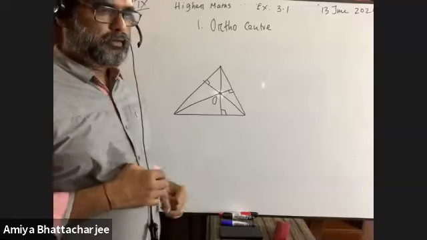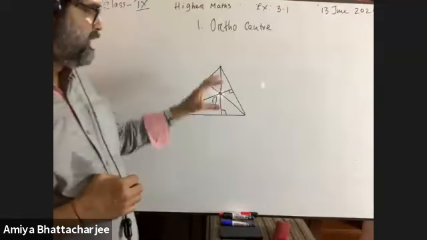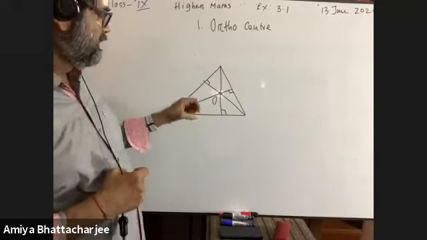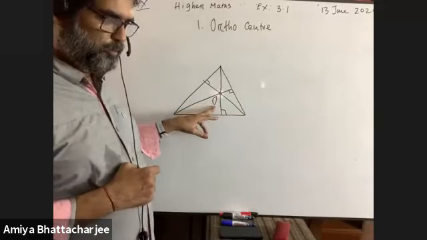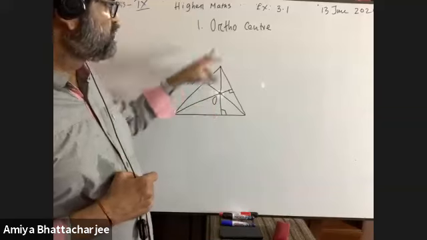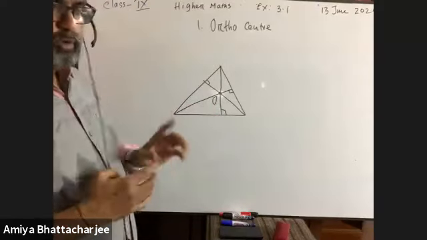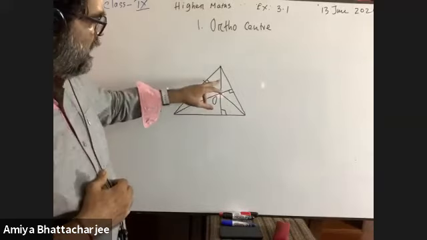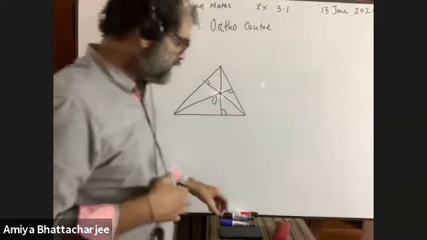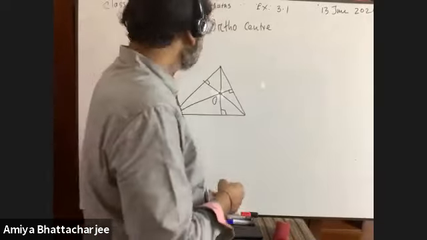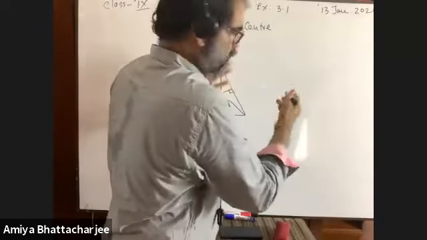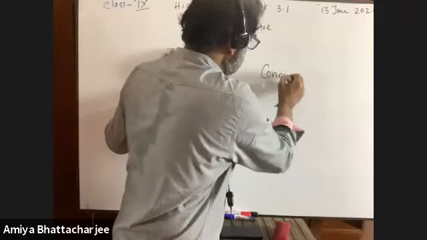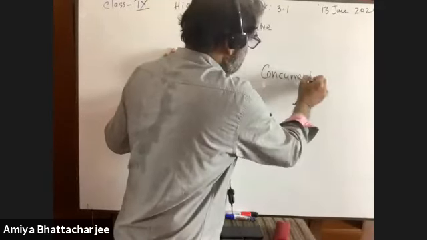In a triangle, if 3 perpendiculars are drawn, they meet at a point O, and this point is known as orthocenter. For your kind information, these perpendiculars are concurrent. Okay, I have told a new word, concurrent. What is meant by concurrent?